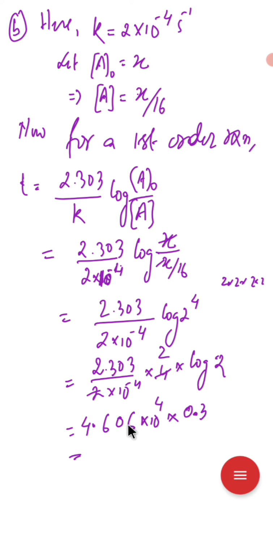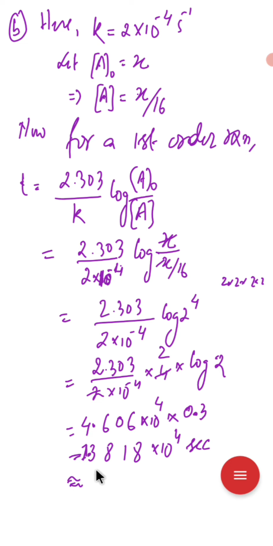So 6 into 3 is 18, right? Now again 16, I think this is correct. 1.3818 into 10 to the power 4. Guys, please check whether my calculation is correct or not, okay?